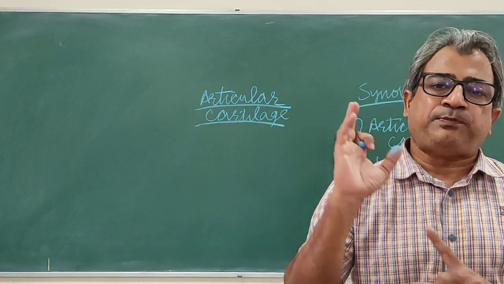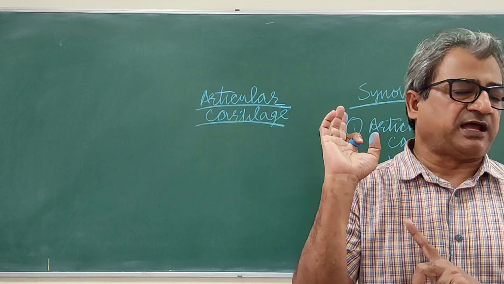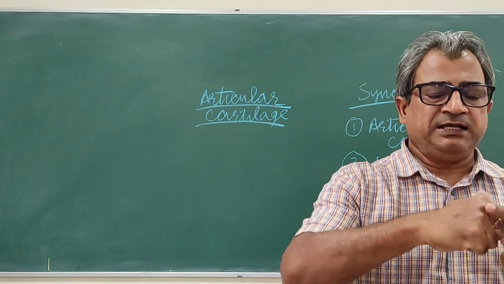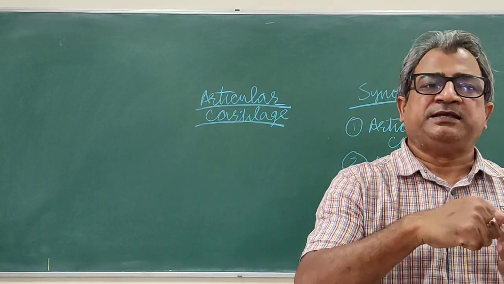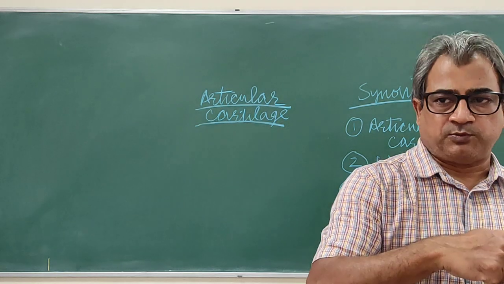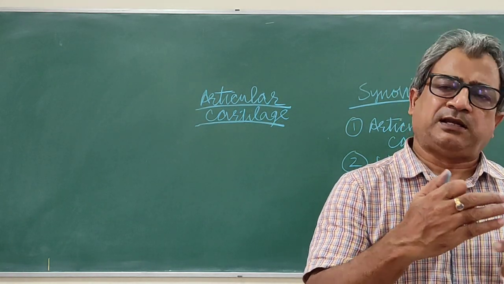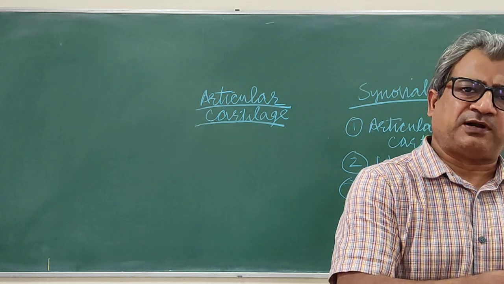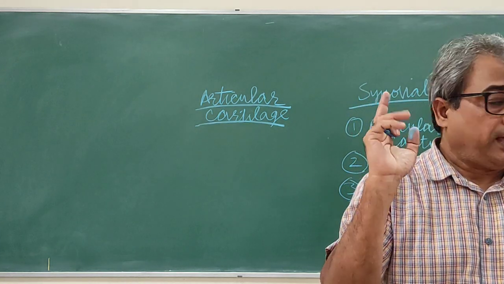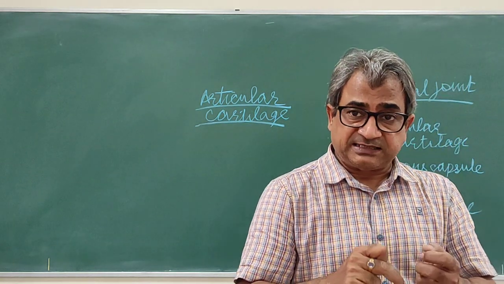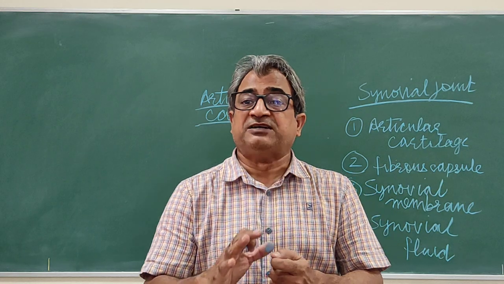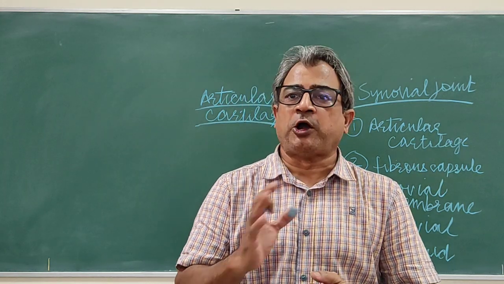Only the part which is cartilaginous in nature, having articular cartilage, is in contact with the counter bone. The other, non-articular part of the bone may be inside, but it is covered by synovial membrane only. And this articular surface is not covered by synovial membrane. It is devoid of it.